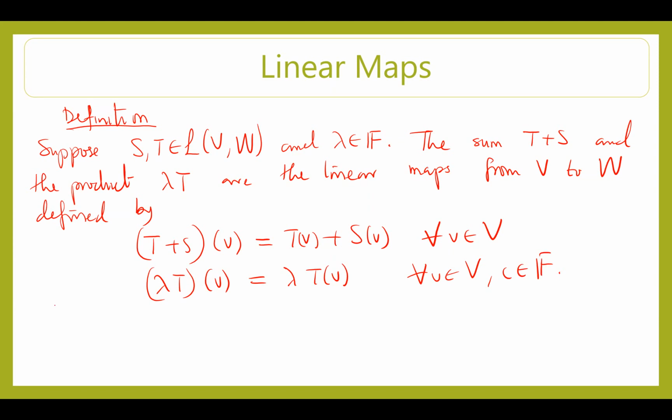All right, with this definition, with these operations, addition and scalar multiple, we can say that the set of all linear maps from V to W is a vector space.